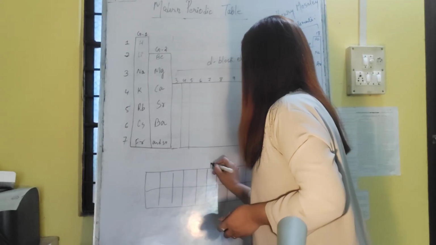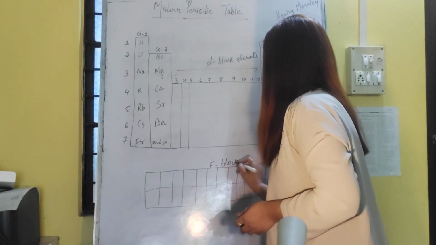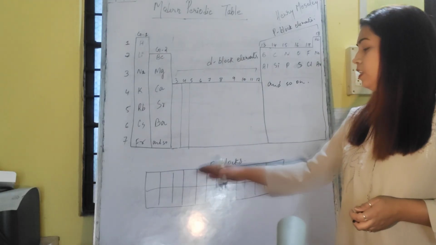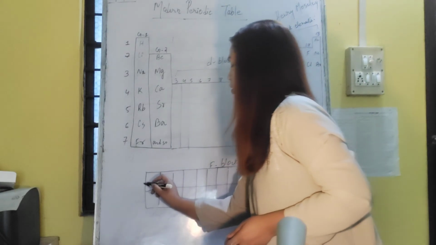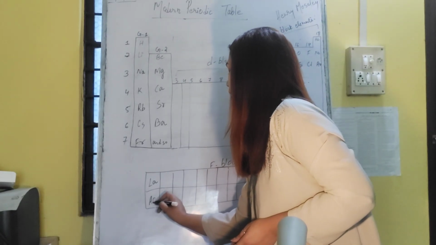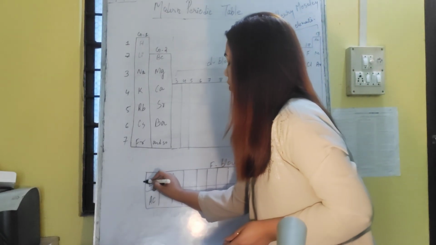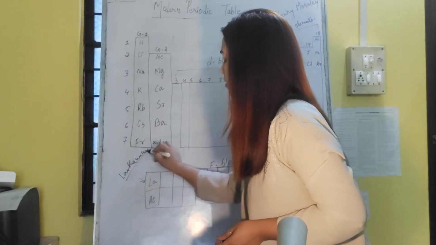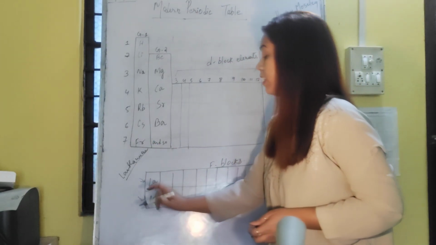This is F block. F block contains a total of 14 elements in each period. The first starts from lanthanum and the second starts from actinium. So the first series is known as the lanthanum series, and the second series is known as the actinium series.